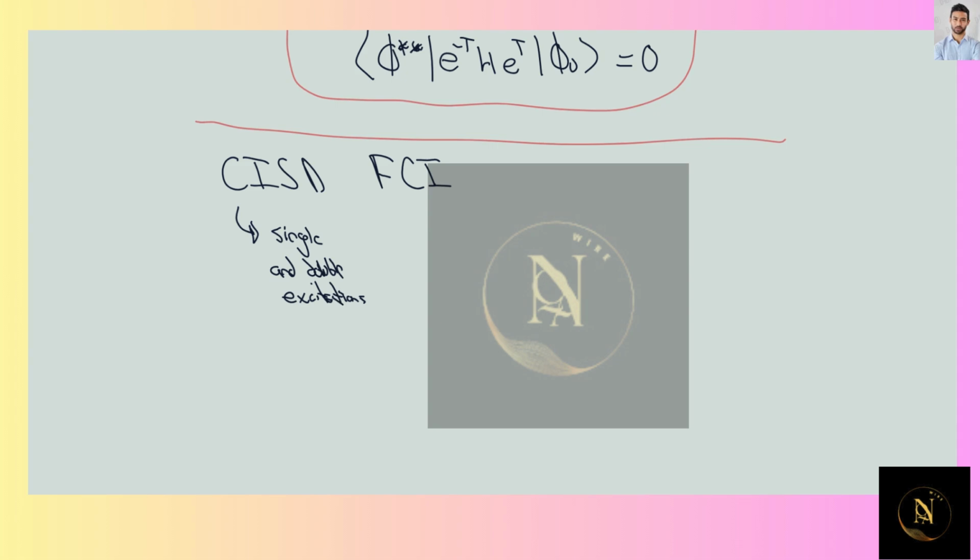And full CI is going to include all possible excitations. So this is going to be the exact solution, since it includes all possible configuration state functions for our system.